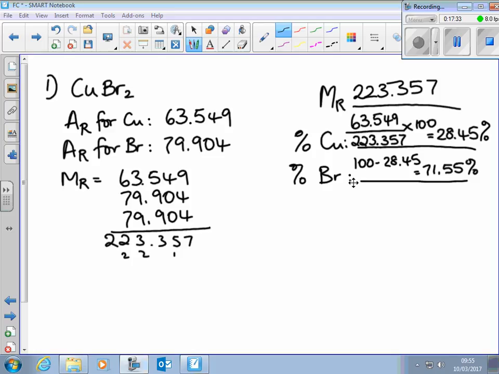All right, there are 4 more to do, but I'm not going to say do them all. I would say let's just have a go at the next 2. The answers actually are on the back, so you can check those. The formula masses aren't there though. So I did steal this off a website.